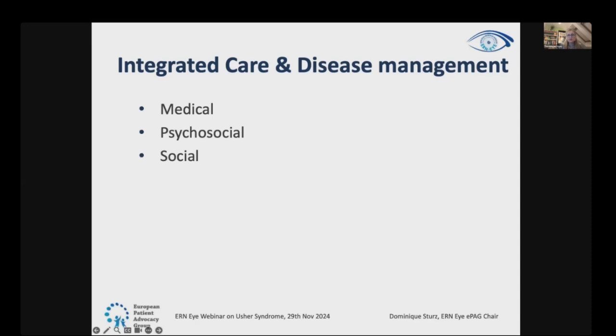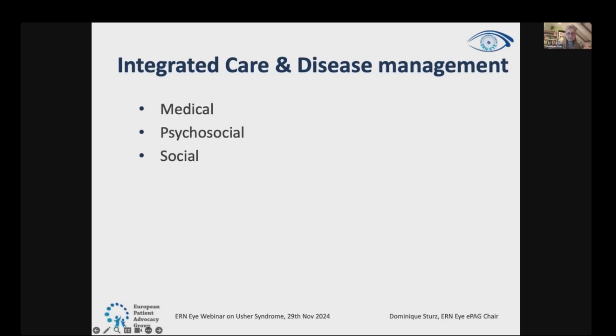It is integrated care and integrated disease management. If possible, it depends on which site you are at and how the setting at your site and in your country is. But what is really relevant is to cover all aspects of integrated care and disease management: the medical, the psychosocial, and the social.